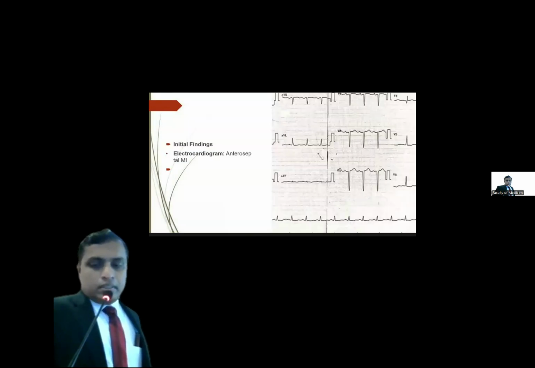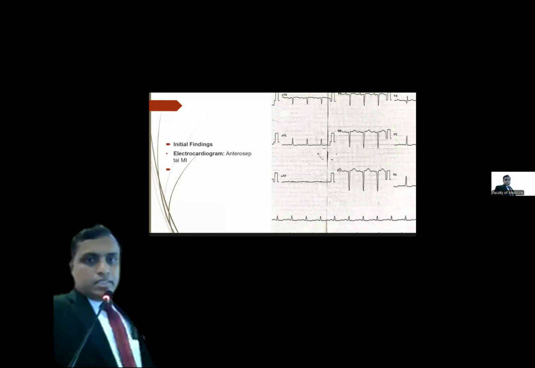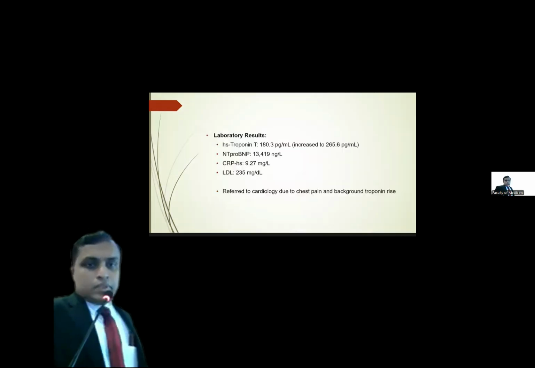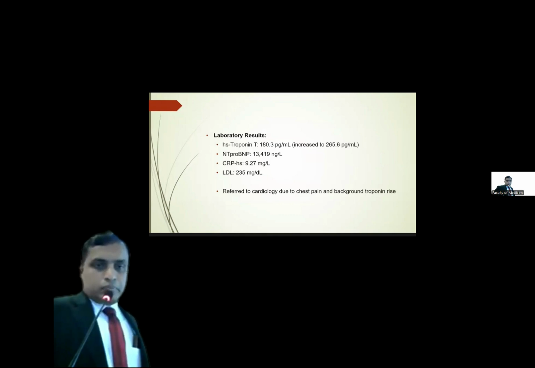The initial ECG showed an anterior MI with Q waves. While in the ward, she developed chest pain and a troponin rise, and she was referred to the cardiologist.